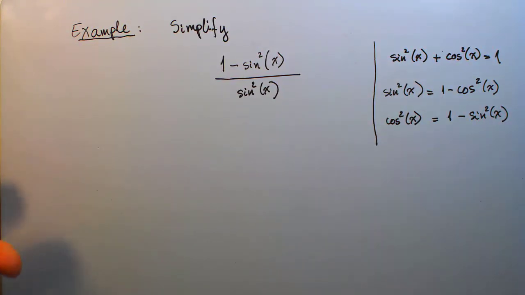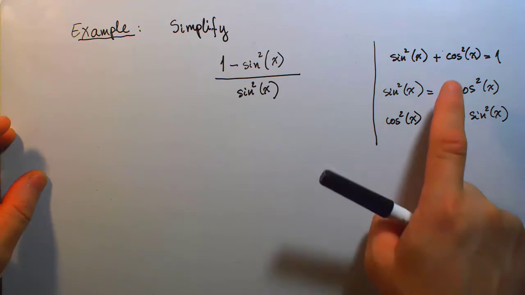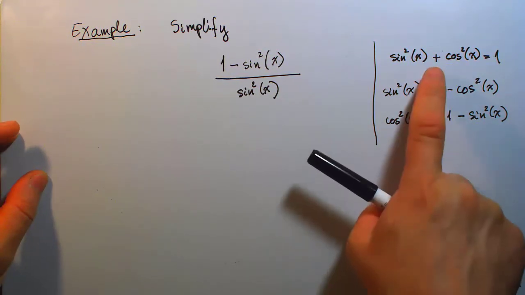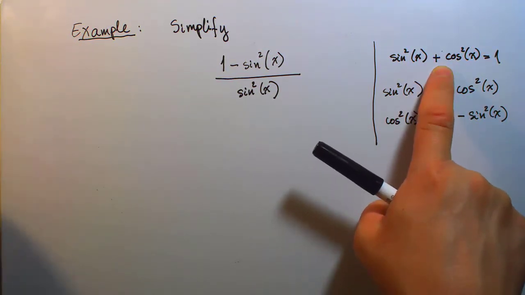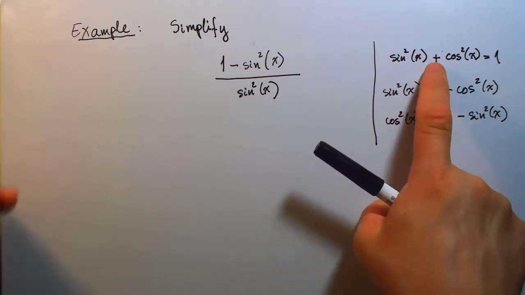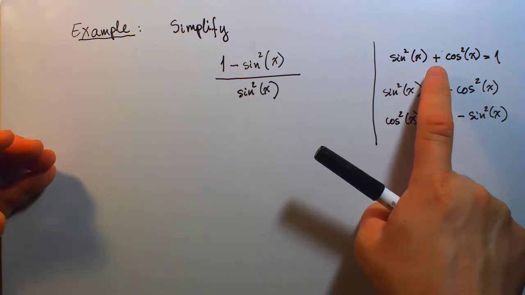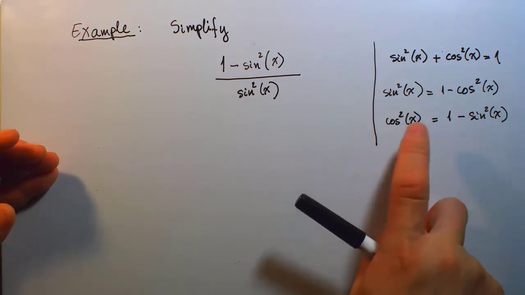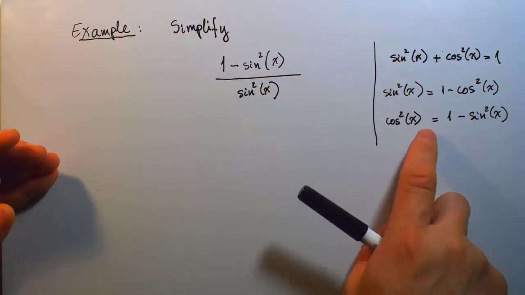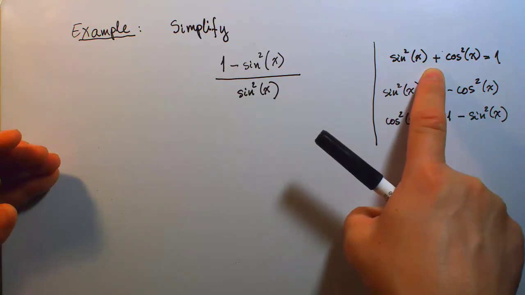And as I keep pointing out with more and more examples, this is the reason why I keep calling this the fundamental identity, even though it has the name Pythagorean identity, because a good majority of those other identities are derived from this identity right here.